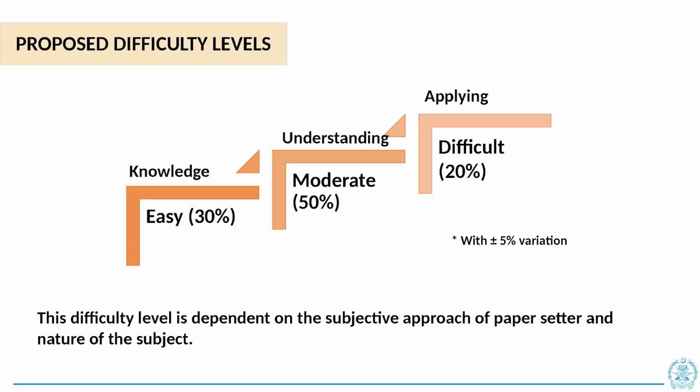You can see the preferred allocation as per the difficulty level to the questions in each section of the question paper. 30% for easy, knowledge based, 50% for moderate, understanding level, and 20% difficult, that is application level, with a variation of plus or minus 5%.